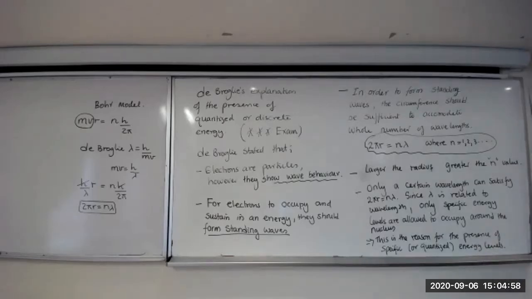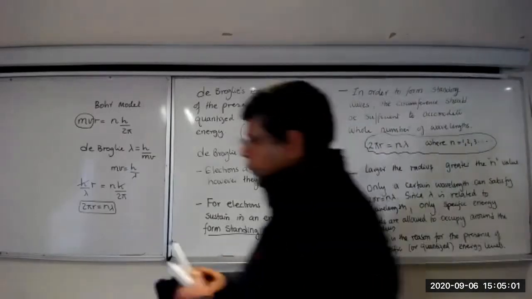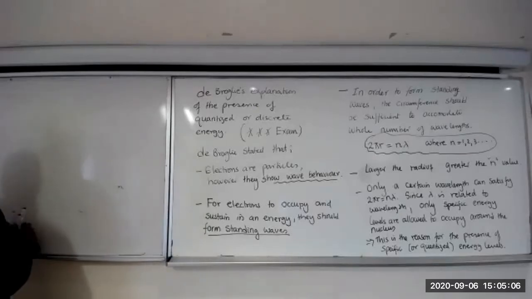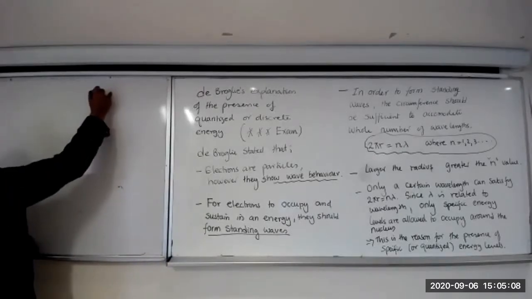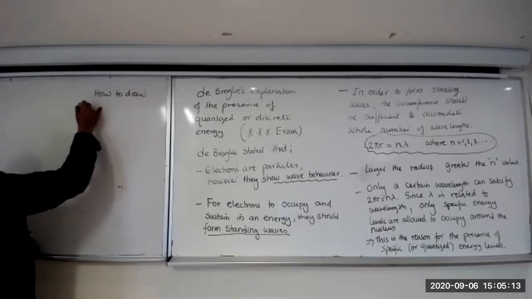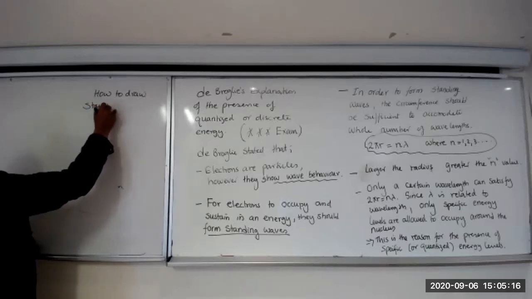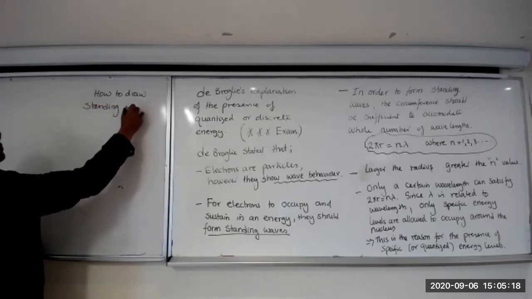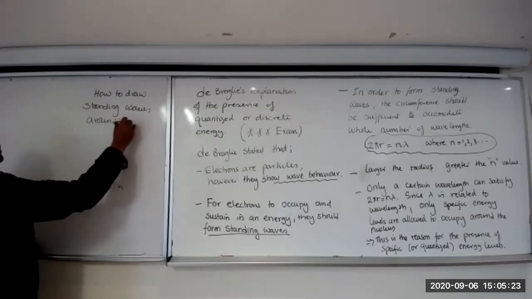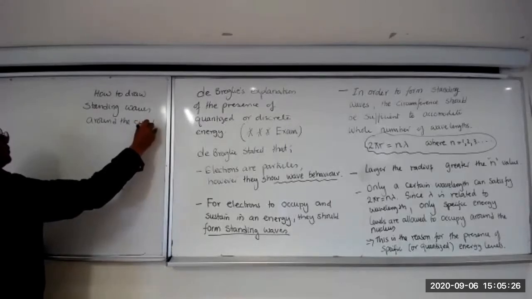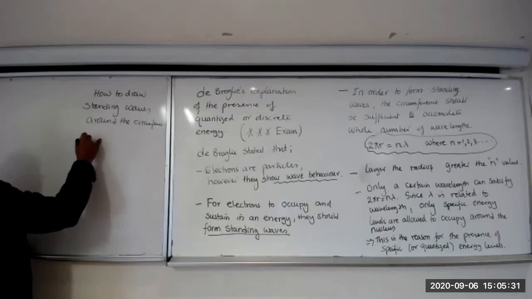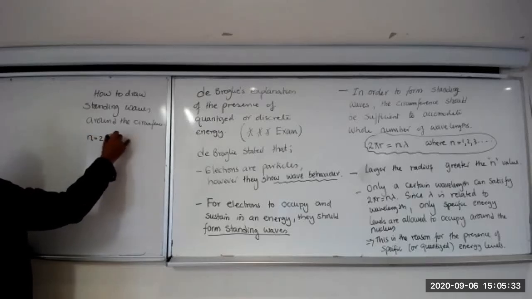Okay. Now, just to understand, sometimes they will ask you to draw the standing waves around the circumference. So n equals 2 means this is the first excited state.